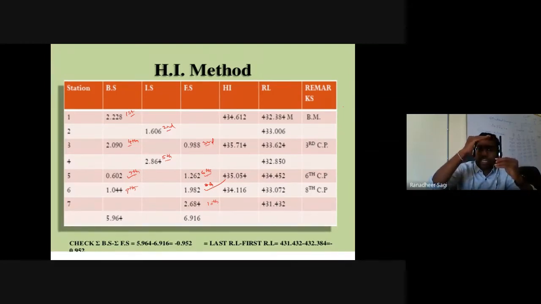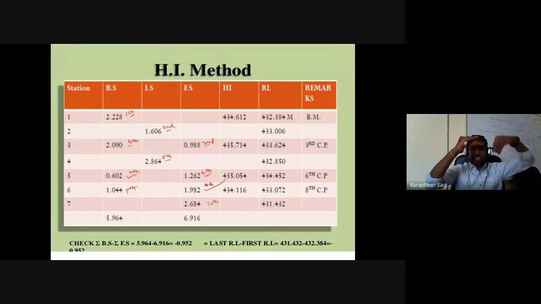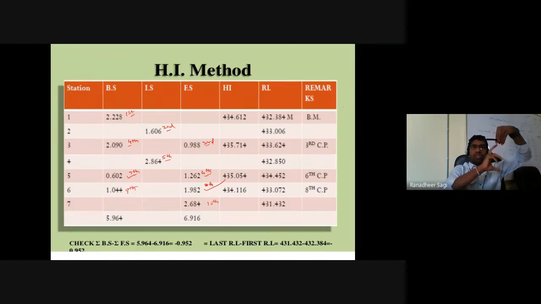It indicates the height at which the line of collimation or line of sight of this instrument exists from the reference datum. It is equal to the RL value of that benchmark point plus the leveling staff reading when the staff is placed on that benchmark point.